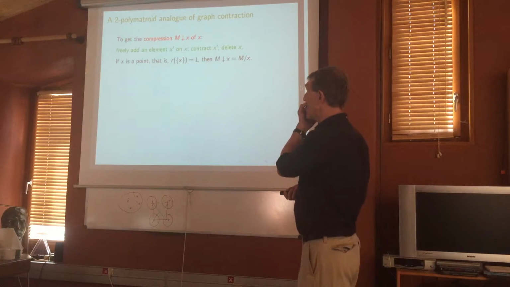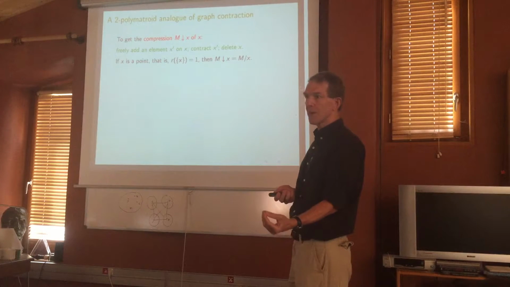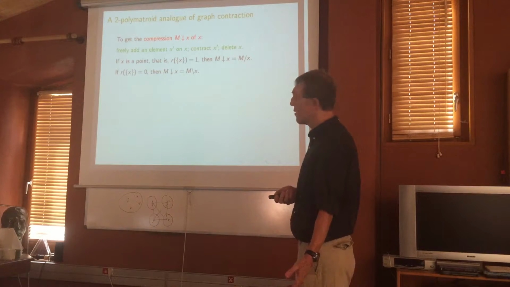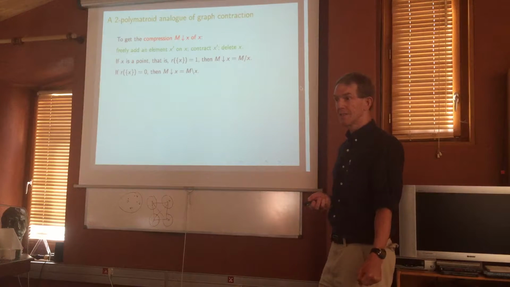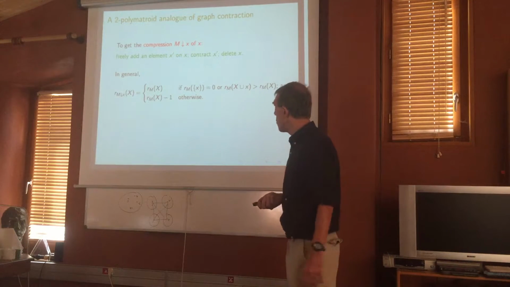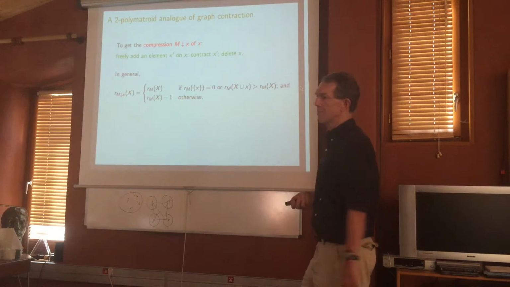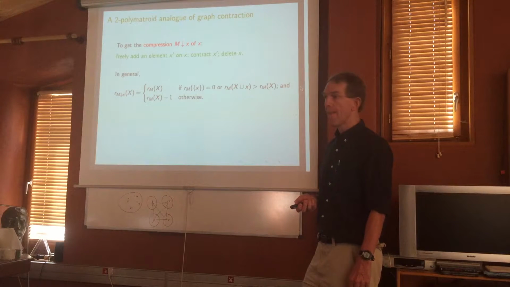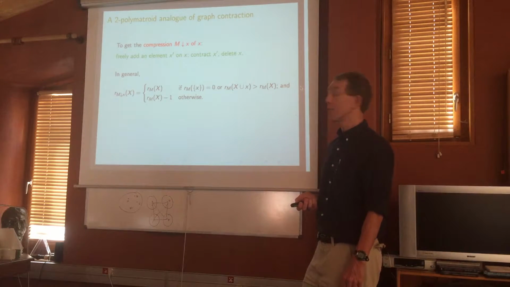So if it's a point, something of rank 1, when you compress it, it's the same as doing contraction. If it's a loop, something of rank 0, when you compress it, it's the same as doing deletion. In general, this is the way it's defined, if you really want to see a definition, but I think that this description in green is the easiest way of understanding it. And it's just exactly what Rudy said. So questions about that?